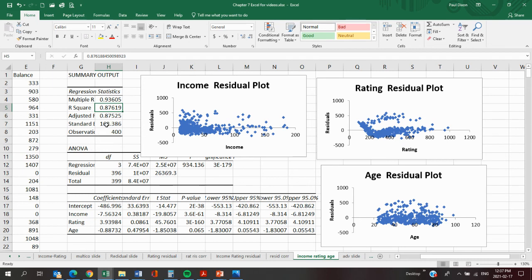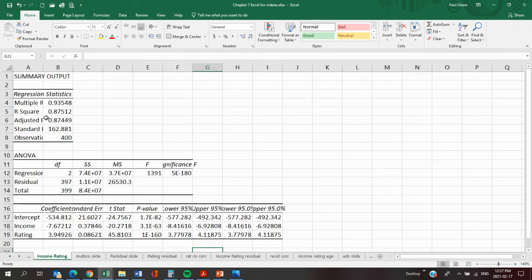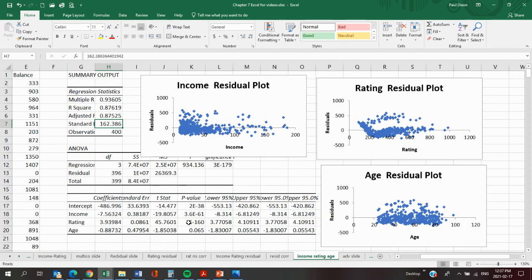My standard error before was 162.88, and now it's 162.38. Barely any change at all.